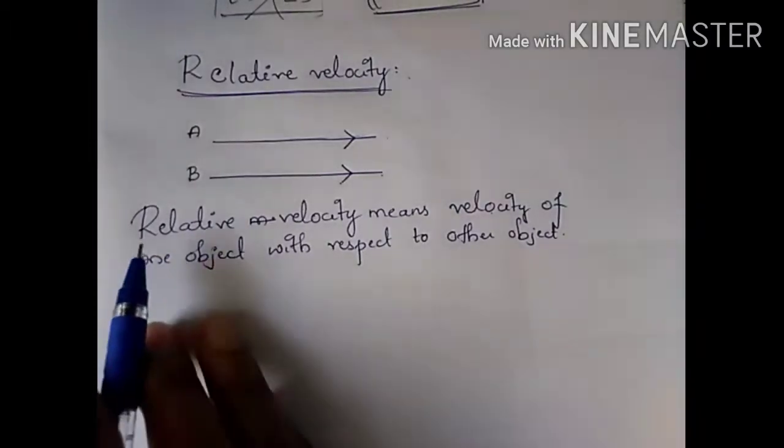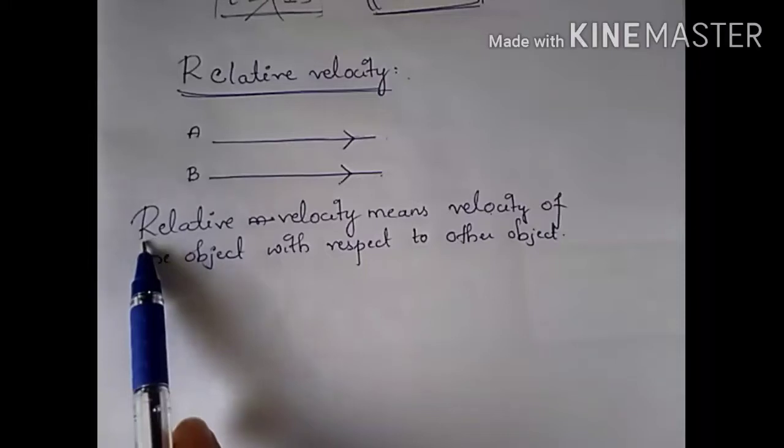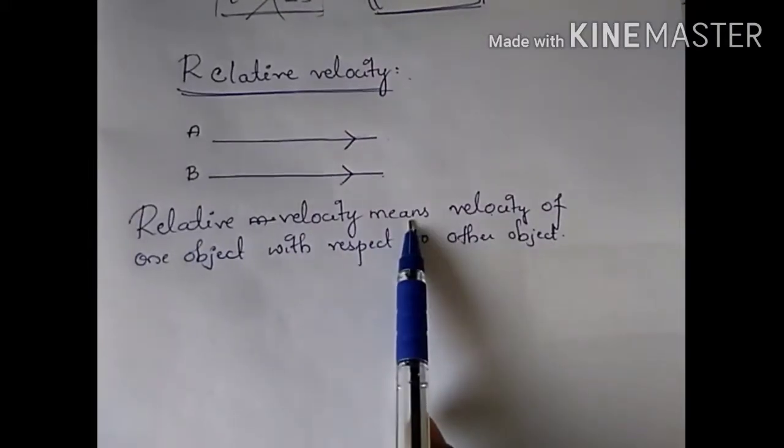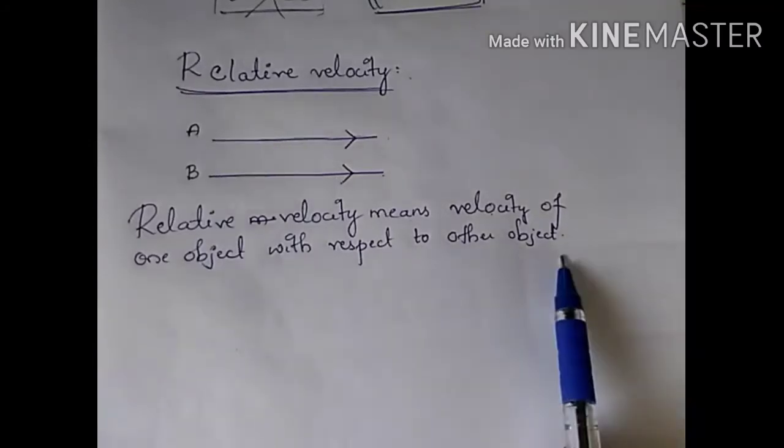So if you see this definition clearly, it says relative velocity means velocity of one object with respect to the other object.